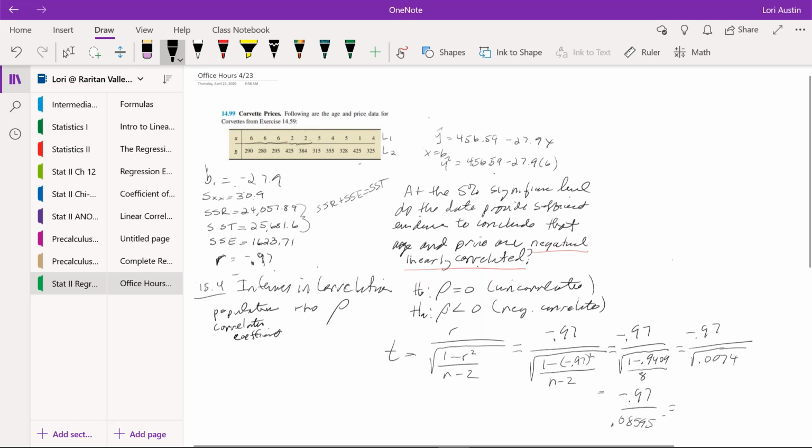And it looks like I'm getting about negative 11.29. You could be off a little bit depending on where you rounded and how you plug the numbers in, but check that and see if you got somewhere around that.